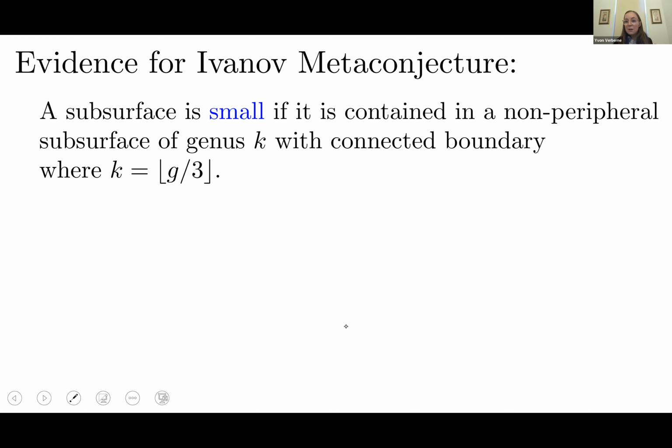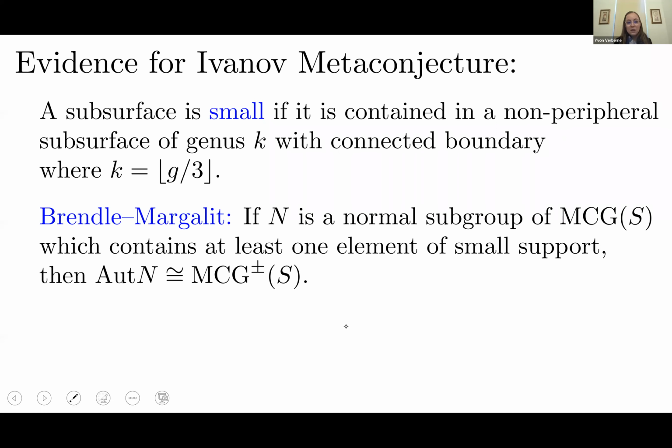So we say that a mapping class element has small support if its support is on a subsurface which is considered to be small. In work by Brendle and Margalit, they were able to show that if N is a normal subgroup of the mapping class group which contains at least one element of small support, then the automorphism group of this normal subgroup will again be isomorphic to the extended mapping class group of a surface.